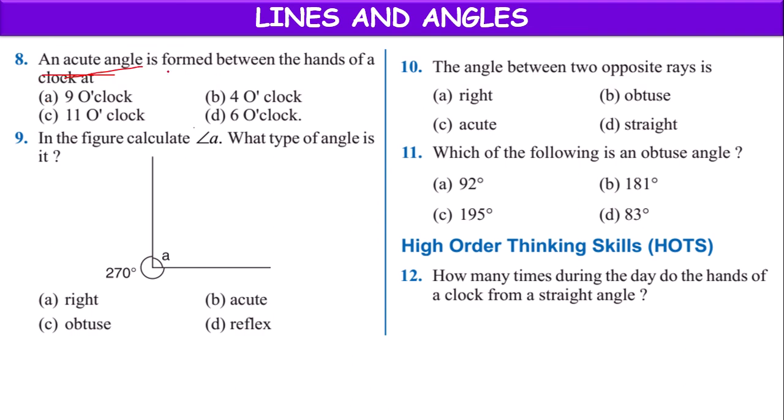Acute angle formed between the hands of a clock. At which place will an acute angle be formed? Among 12, 3, 6, 9 and 1, 2, 4, 5, 7, 8, 10, 11.